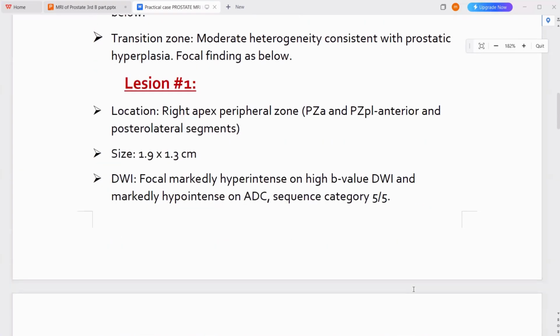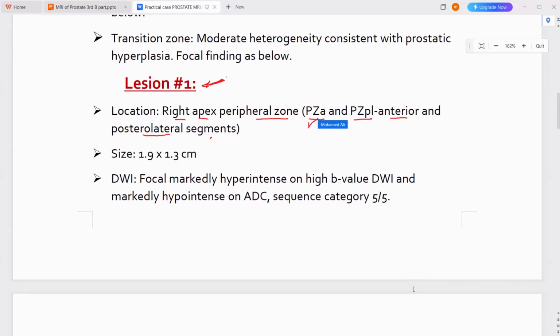Regarding the focal findings, we will enumerate them. For example, lesion number 1, the most important lesion, is the one located at the right apex of the peripheral zone, PZa and PZpl, anterior and posterolateral segments.